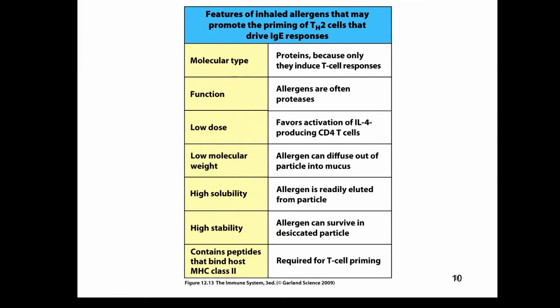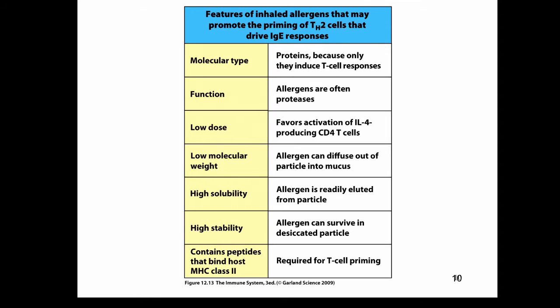That has a variety of effects that I'm not going to go into in detail now, but in part it allows them to get exposure to the immune system by bypassing epithelial cell barrier functions, and also certain types of enzymes activate innate inflammatory cells to potentiate a Th2 type immune response.